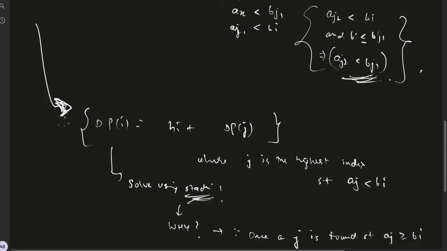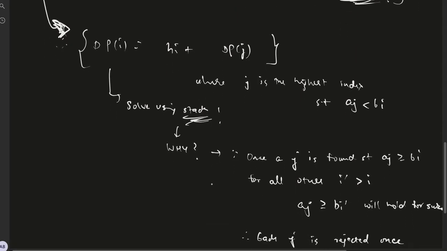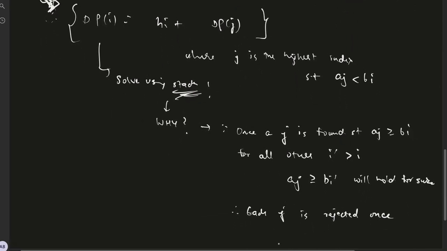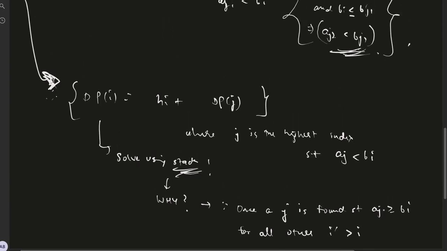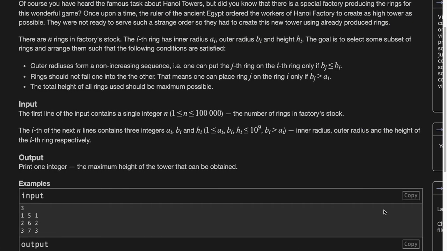So for every ring j, we need to delete it only once, and hence each j is rejected only once at max. This provides us intuition for using the stack.